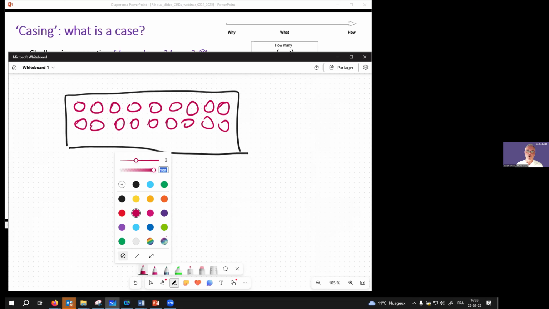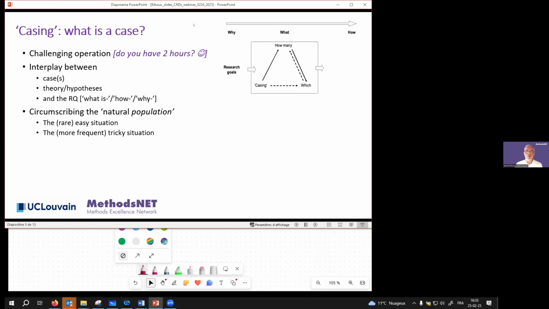And each one of these shops in the bigger company is a case. That's kind of an easy situation, even though these cases might be intertwined in multiple ways, but the empirical contours of these units of the population are quite clear.